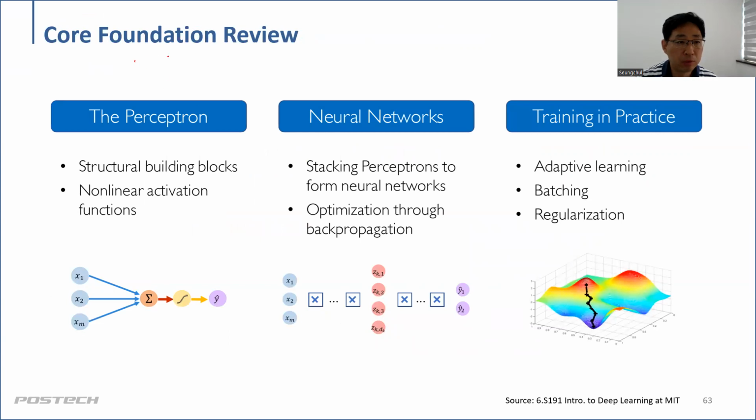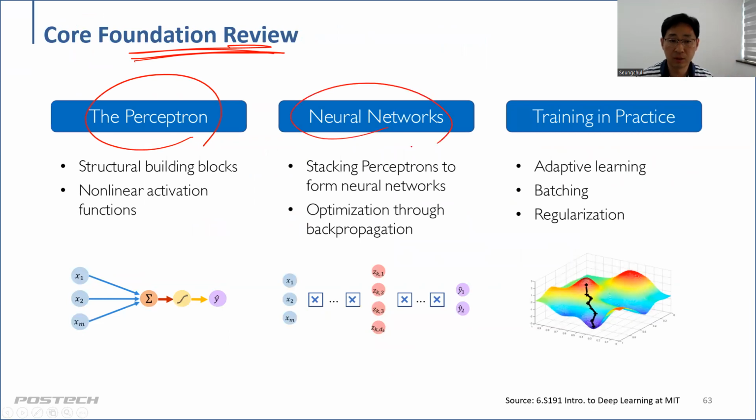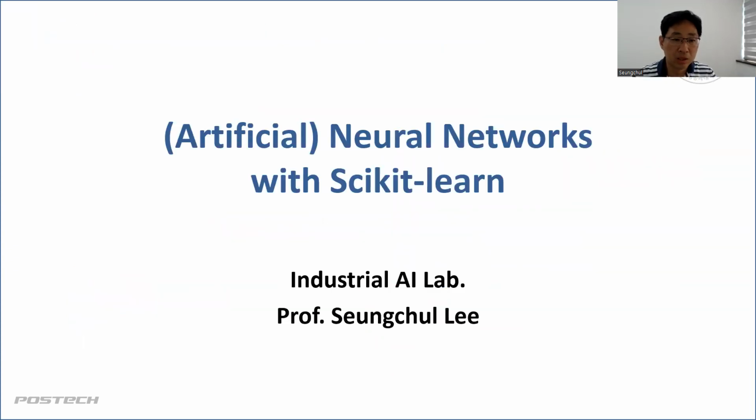So the core review of the foundations: we started from the perceptron, extended the concept into neural networks, and covered how you train it. We can use numerical libraries, for example in Python. The next thing, again, is scikit-learn.